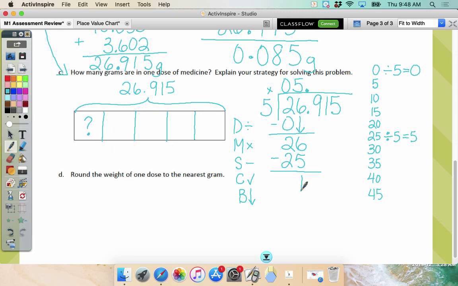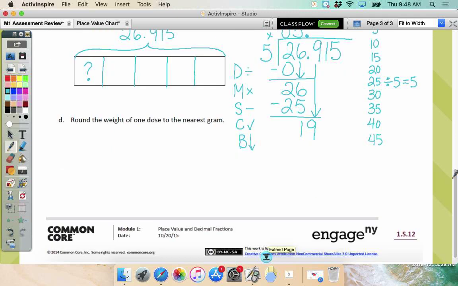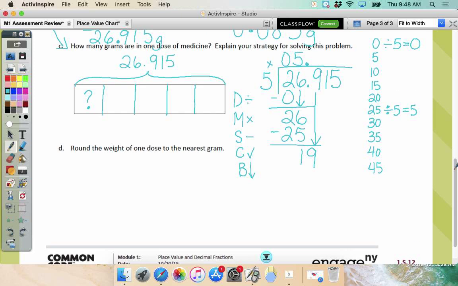Good. Is the 1 less than the 5? So bring down my 9. So I'm looking for 19 over to the side. Sergio, which number's closest? 15. So what am I dividing by? 5.